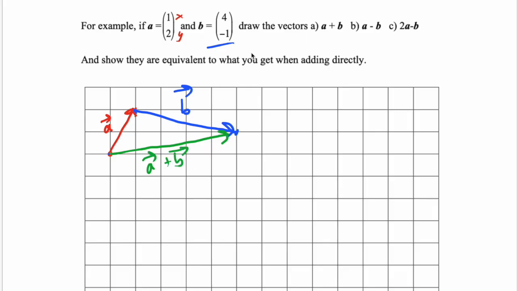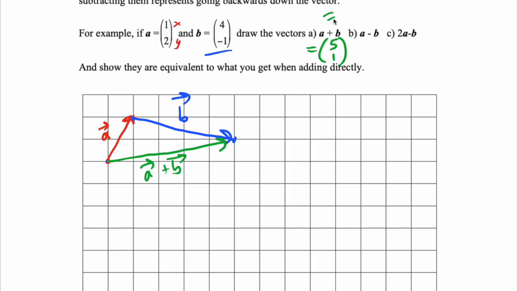Now, if you look at it, A plus B. If you look at on the graph, this is 1, 2, 3, 4, 5 to the right and 1 up. So that is 5, 1. And also notice that you just add the components together. If you add this, you get 5, 1, like in the graph, right?